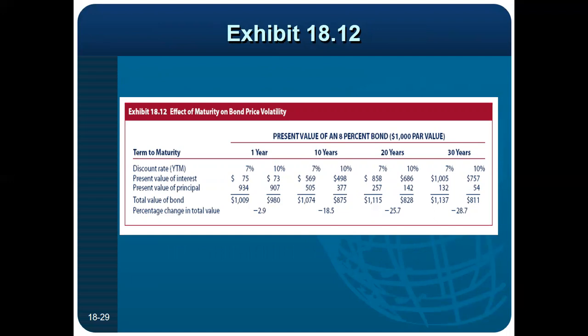So 30 years is a longer maturity bond. So the price volatility increases at a decreasing rate with the maturity.